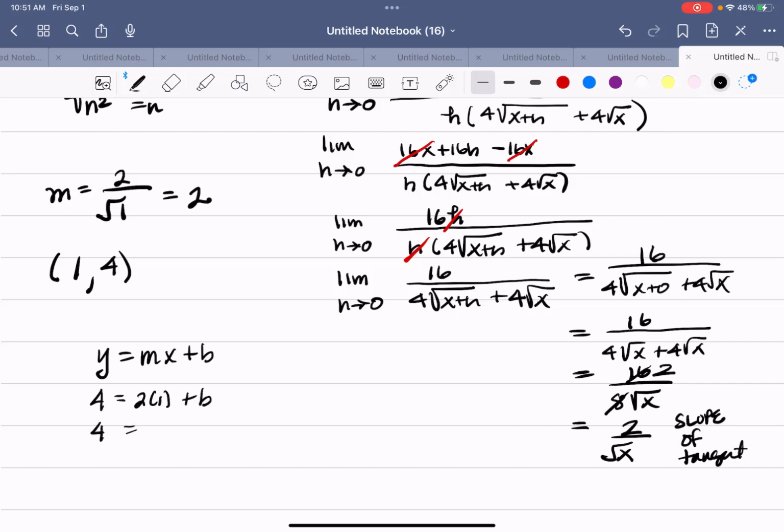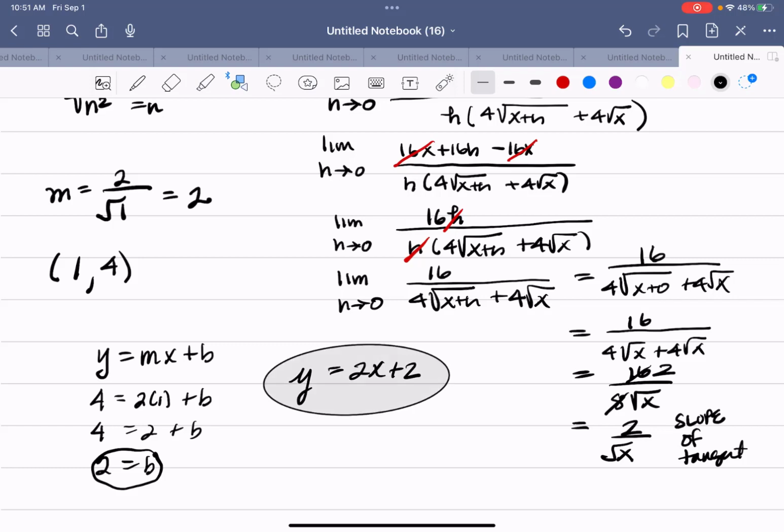So 4 is 2 plus b gives me 2 equals b. So y equals 2x plus 2 is the equation of my tangent line at x equals 1. And this is tangent to f of x equals 4 square root of x.